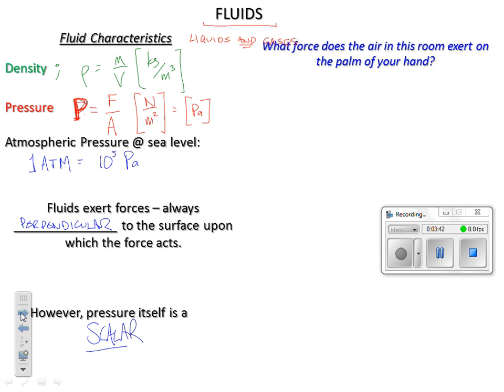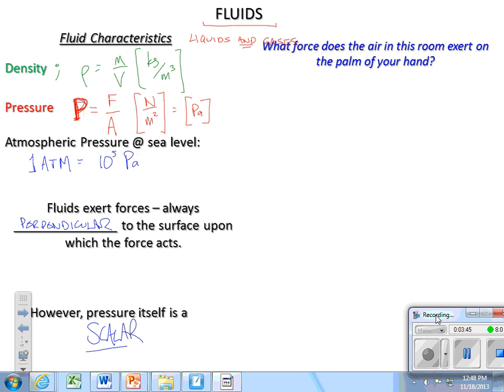All right, so here's a simple pressure, force and area example. The question is, the air in this room, what force does it exert on the palm of your hand? If you look at the palm of your hand, let me trace my hand. Oh, my big mitten hand. Here's my palm. This is about a tenth of a meter, and it's a square.